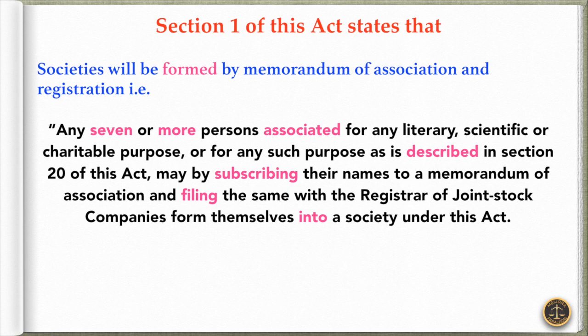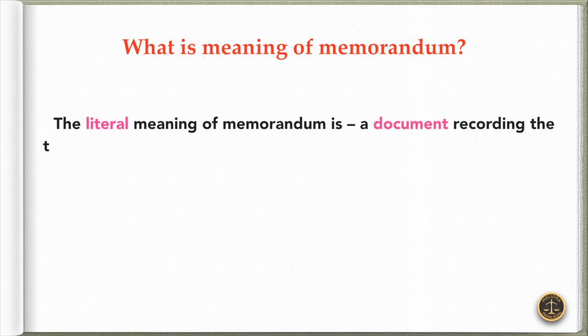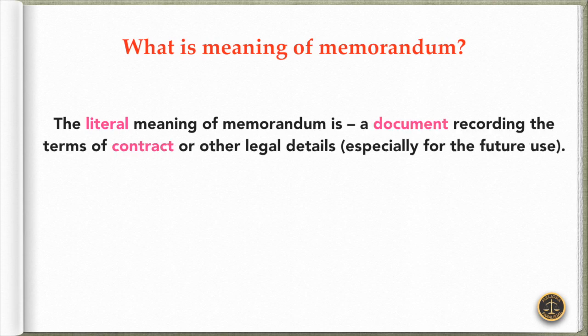Now, the question is, what is the meaning of memorandum? The literal meaning of memorandum is a document recording the terms of a contract or other legal details, especially for future use. Now, the next question is, what is the meaning of memorandum of association?